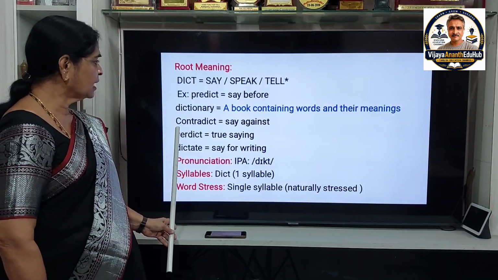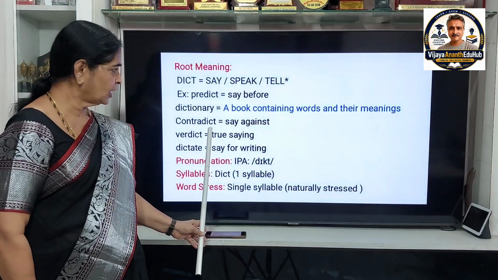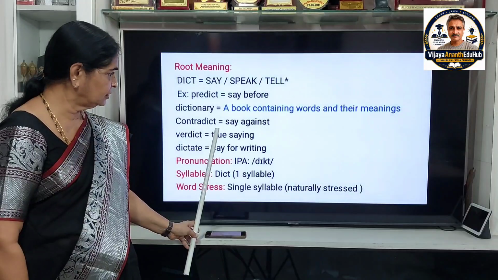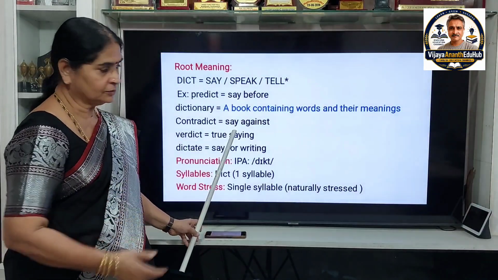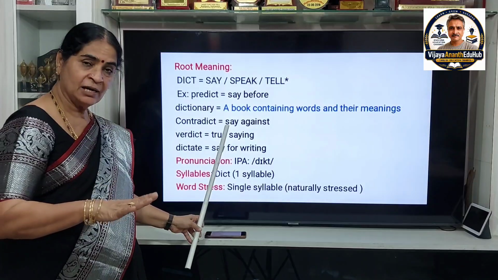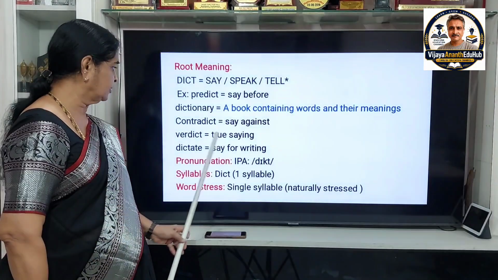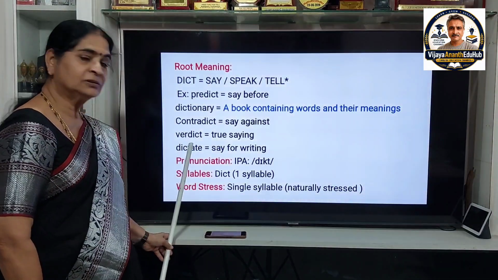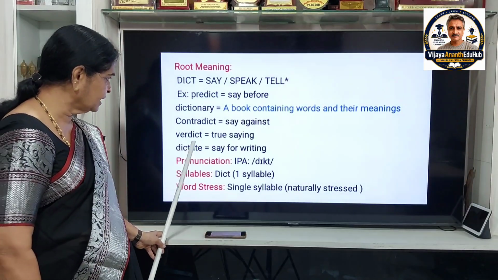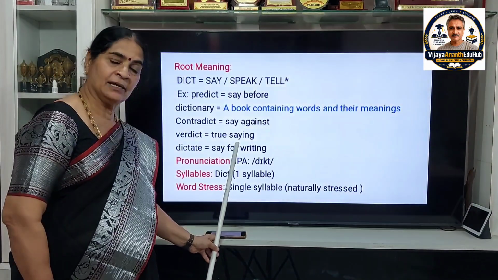Next word is contradict. Here also we can see dict. Contradict means say against. It is also saying, but saying against. Verdict. You can observe dict here. Verdict means true saying.